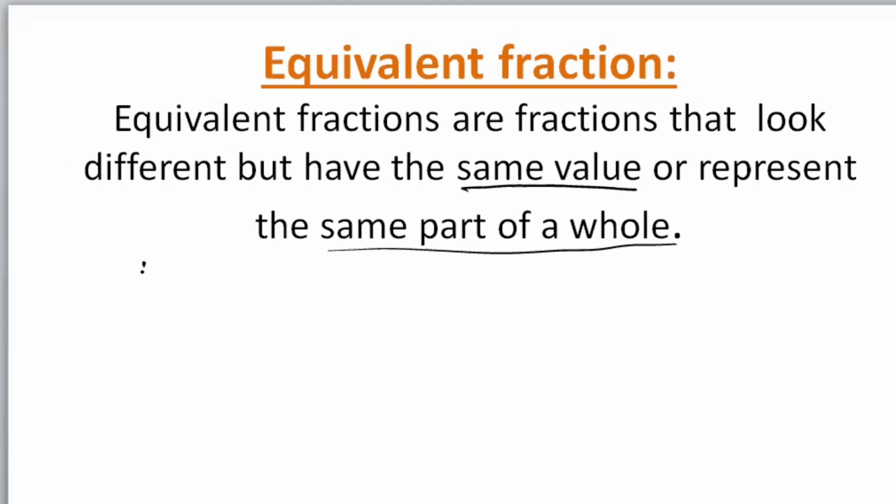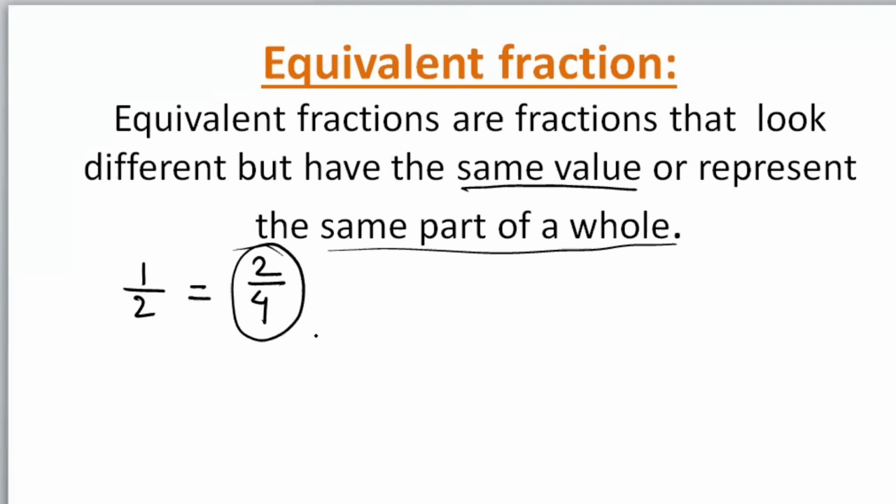For example, 1 by 2 and 2 by 4. These two are equivalent fractions. This represents the same part of a whole as this one represents, or you can say whatever part of a whole 1 by 2 represents, the 2 by 4 also represents the same part of a whole.